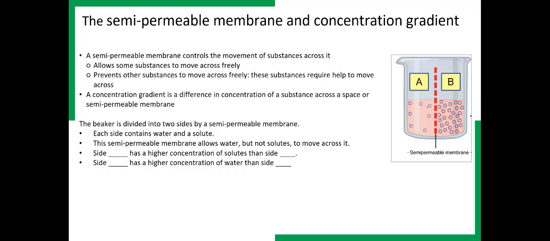And so what we have here is a picture of a beaker that's divided into two compartments by this red dotted line, which is a semi-permeable membrane, right? And what you can see here is at the start, the level of water in compartments A and B is the same, but there are fewer solutes inside A, the purple dots, compared to the number of solutes inside B, right?